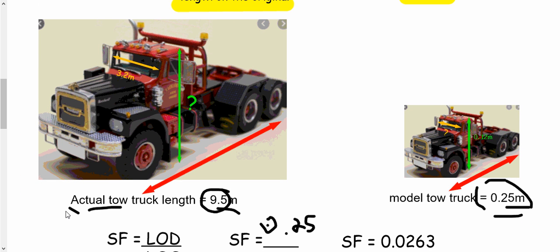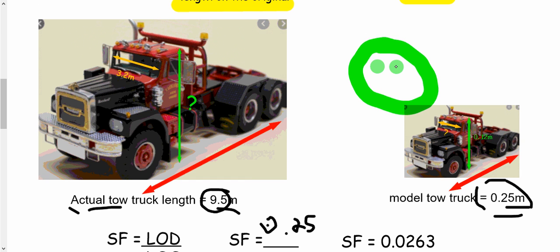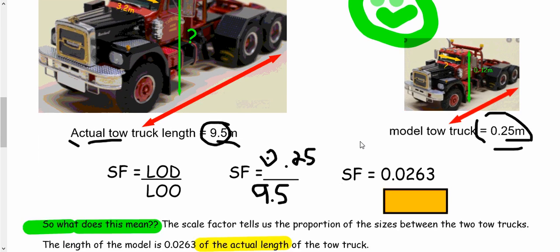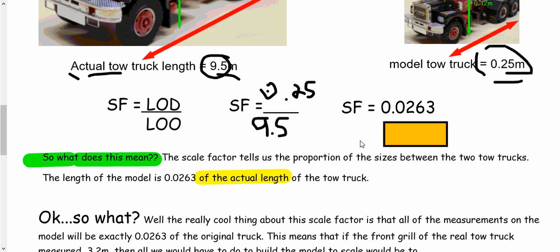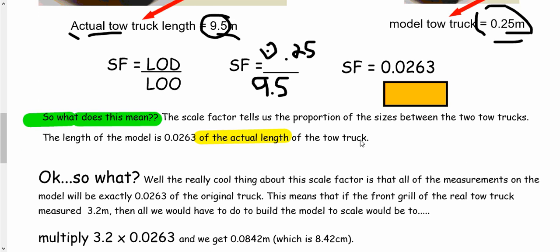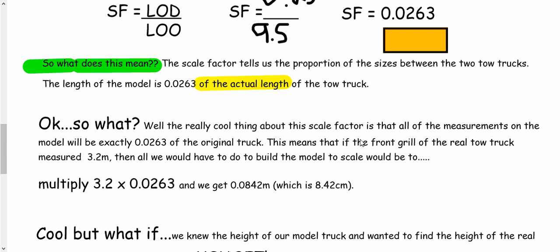So let's say I've got this model right here, and my friend says, hey, how big is that? Well, I could say it's 0.0263 of the real thing, which means it's kind of small compared to the real thing, but it is a model.